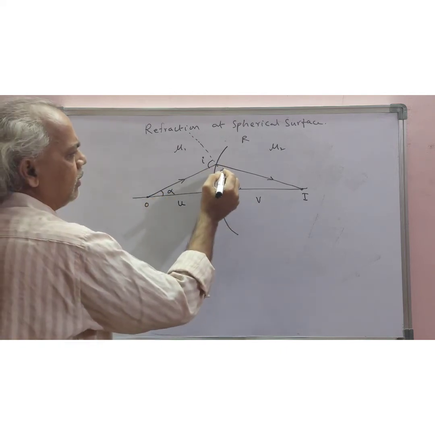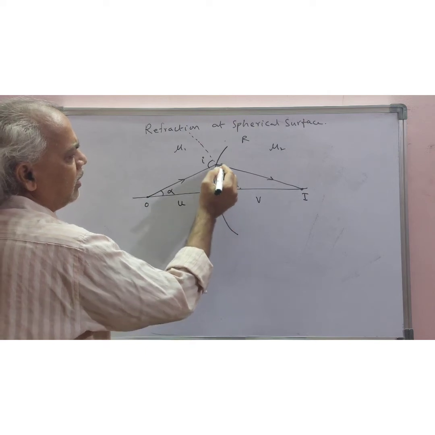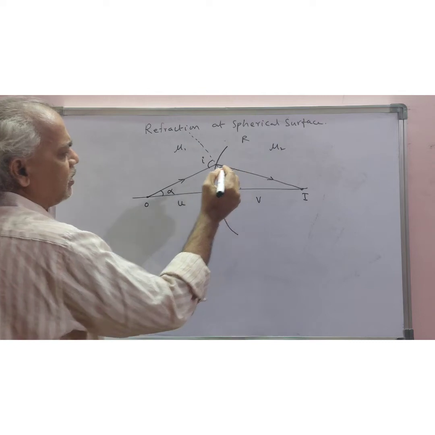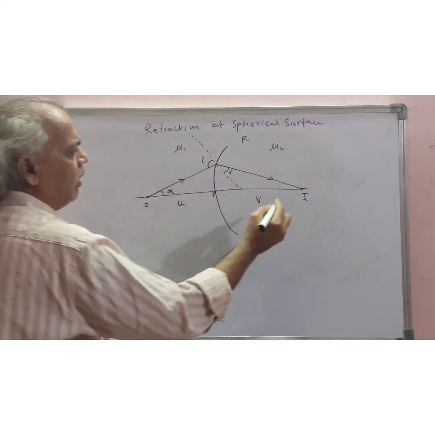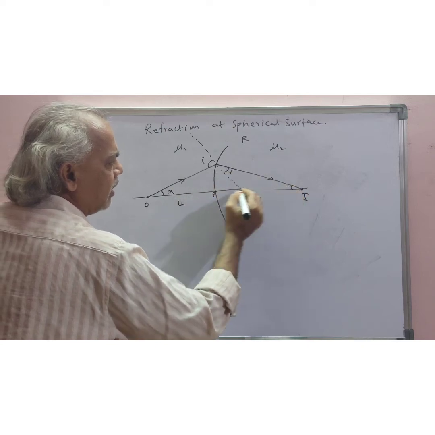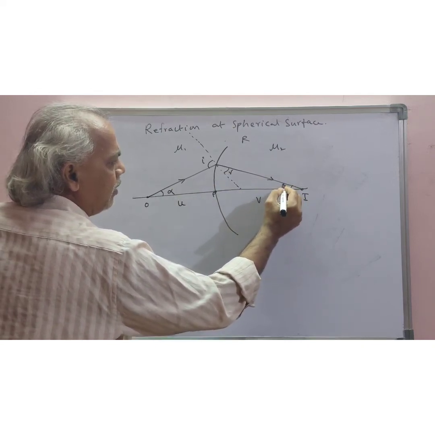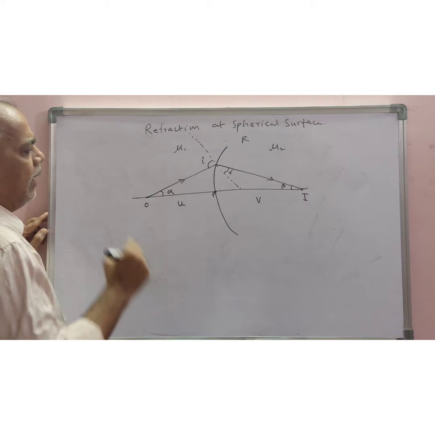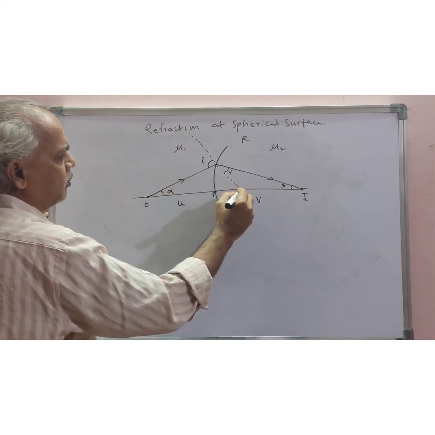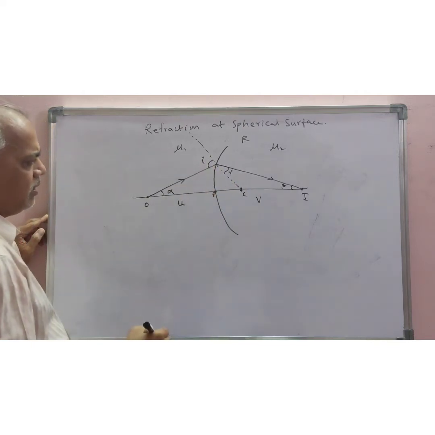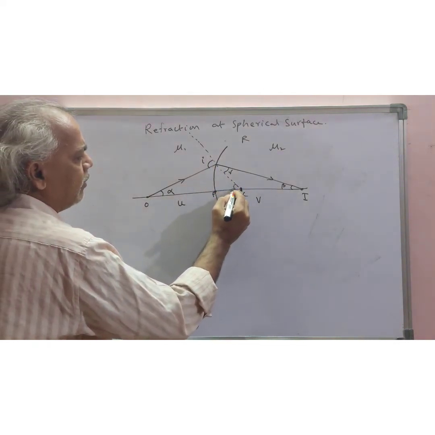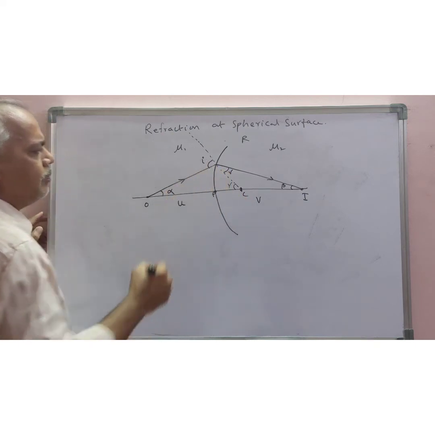This is the normal and this is the refracted ray. It makes the angle of refraction, and the angle between the refracted ray and the principal axis is say beta. The normal also passes through point C, the center of curvature, and here the angle is say gamma.